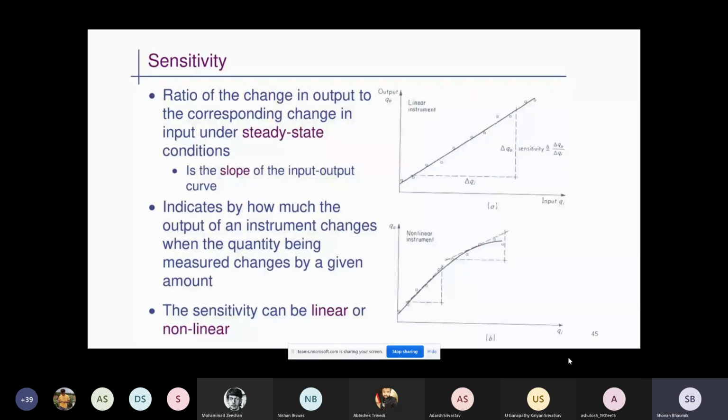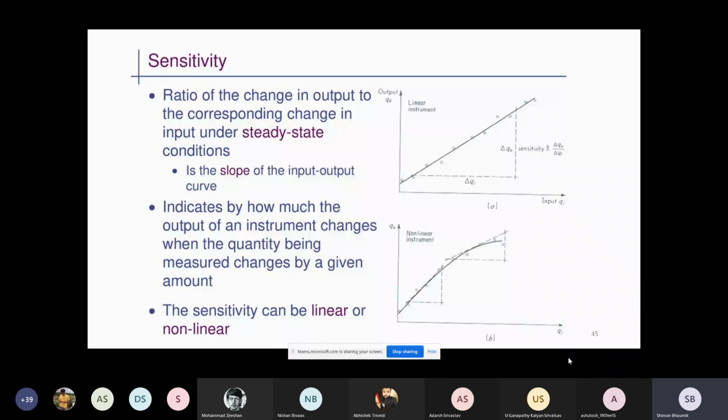You make a triangle, see how much Q0 is changing and how much Qi, and then take the ratio of that. So sensitivity can be for a linear instrument or a nonlinear instrument, but the main thing is that sensitivity means how much output change happens for a unit change in input. That ratio between the output and input change is called the sensitivity.